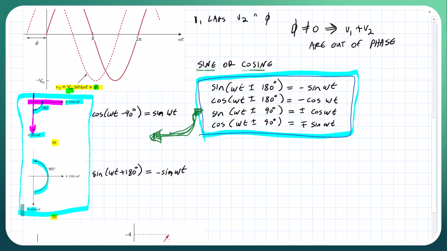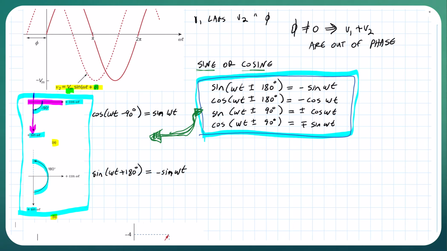Again, this will be advantageous as we get more into frequency domain analysis and alternating current, or AC, circuit analysis. A couple other things I want to introduce here before we move on to complex numbers and phasors is that we can use trigonometric identities as well to look at the graphical approach method.